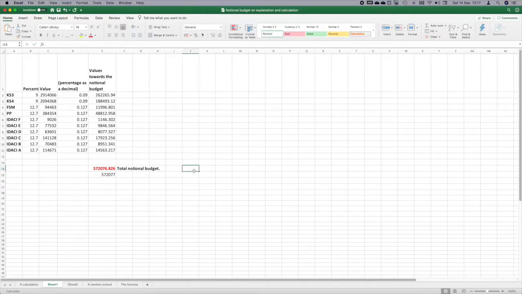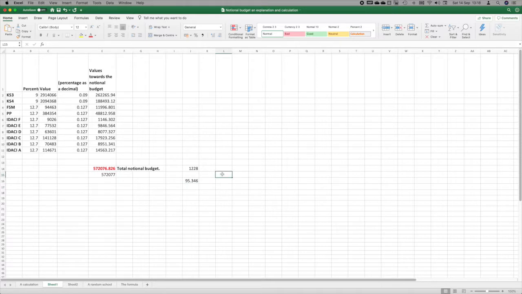Total number of pupils on roll, well that was 752 plus 476, which is 1,228 pupils on roll. So let's just work out how many pupils we can afford to have at the full £6,000 value. 572077 divided by the 6,000 gives me 95, I am going to round it down to the 95.